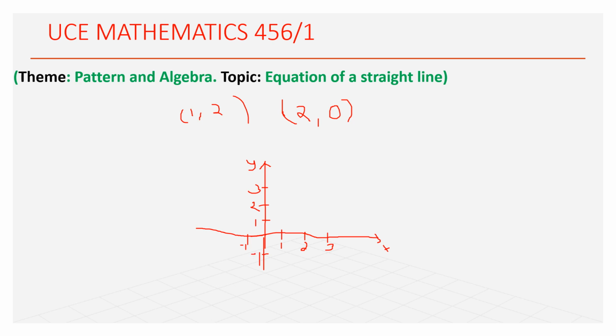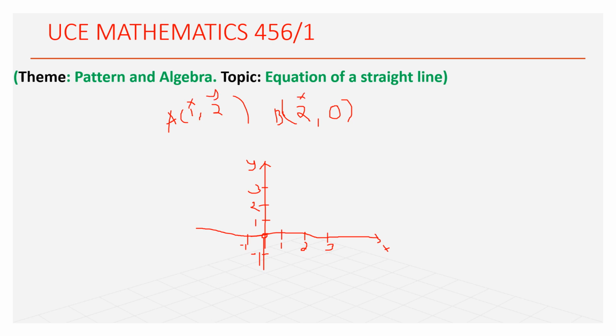Remember here is a 0. So if I'm to plot these coordinates, say A and then B. For A, we start with the x-axis, and this is for the y.